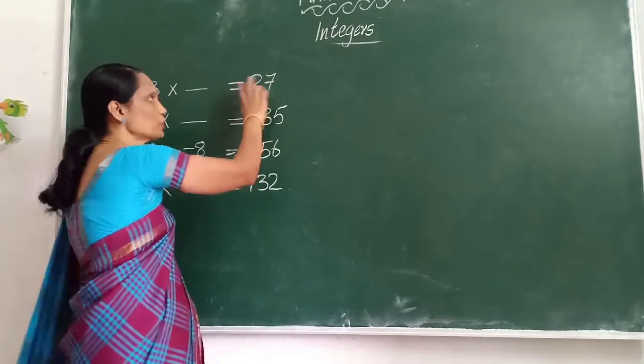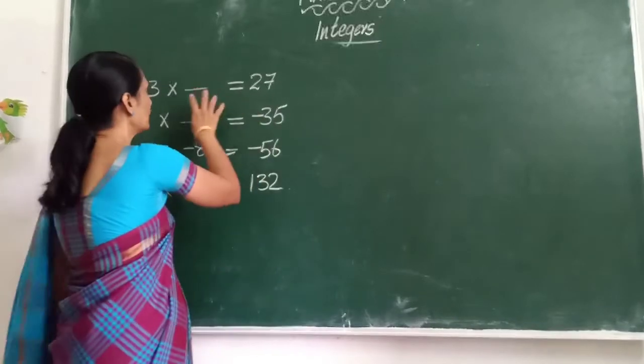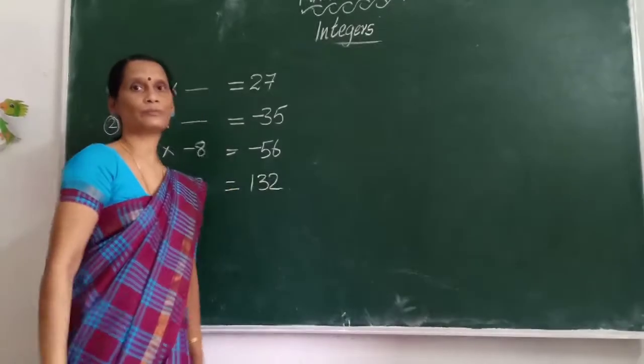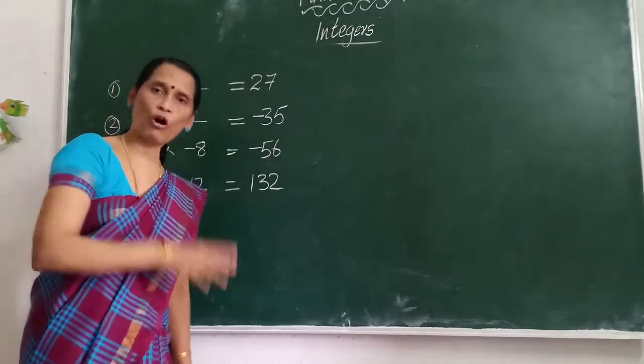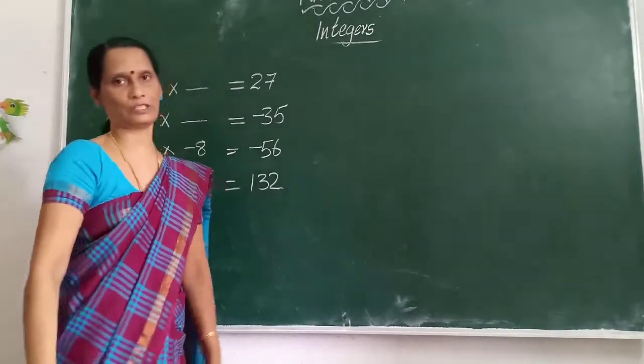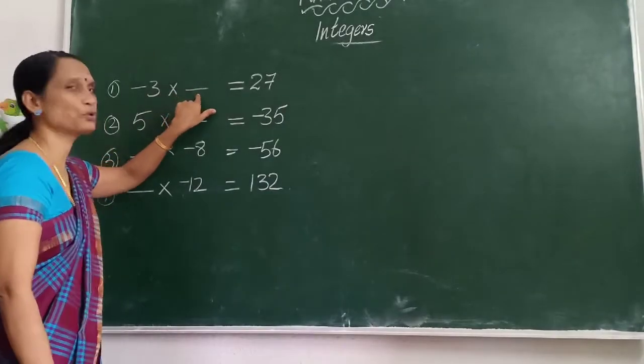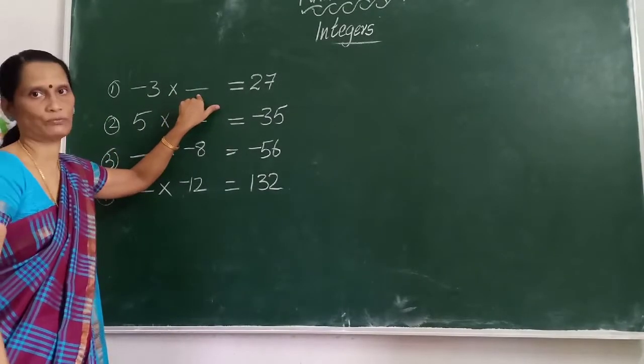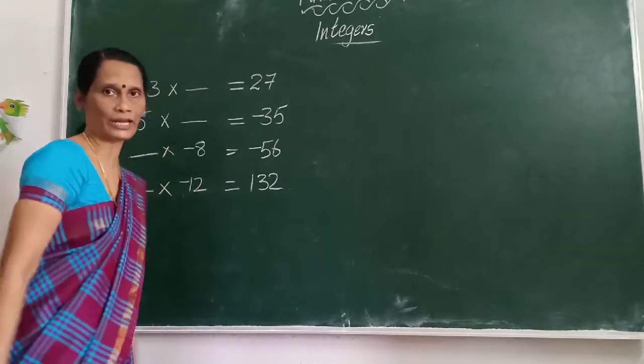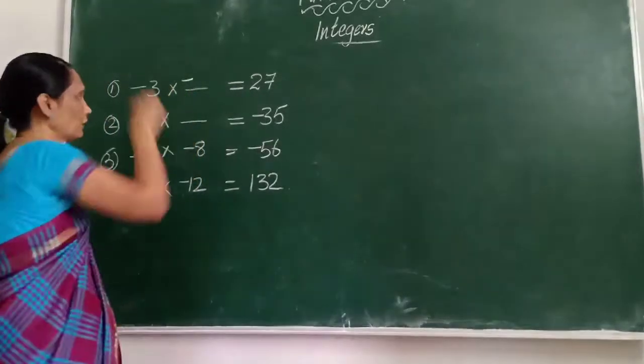So we got a positive product now. So the numbers should be either both positive or both negative. So here one is negative. So this one should compulsorily be negative. Then only we will get a positive product. So it is negative, you understood.